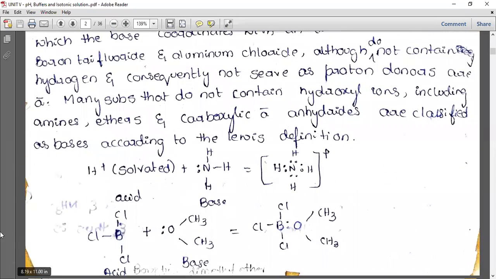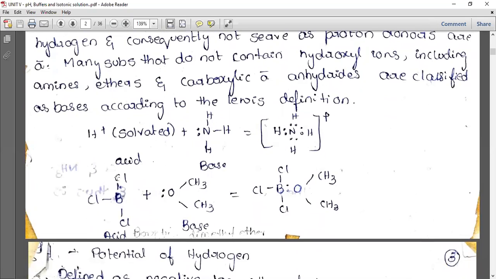This is an example. So this is a base which has a lone pair of electrons which has been shared between this H plus and this, forming a complex, a covalent coordinate bond.